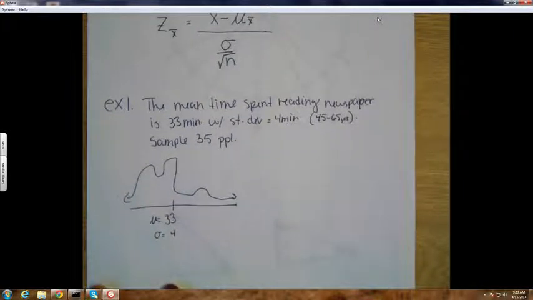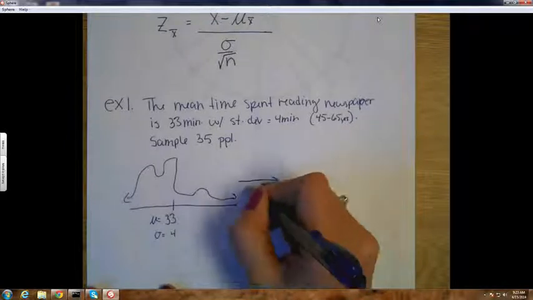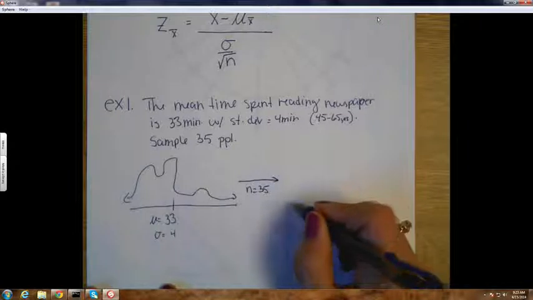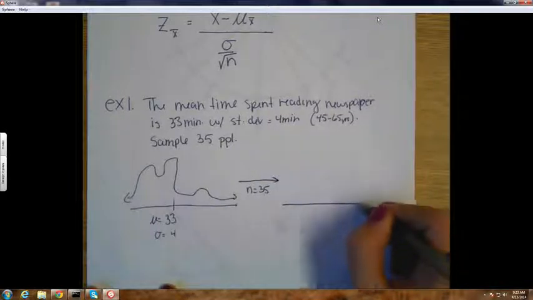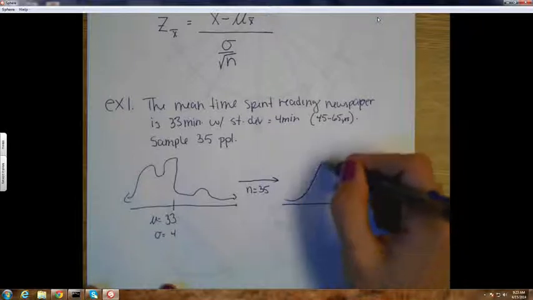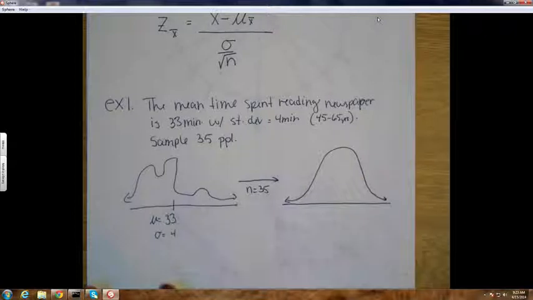I'm going to take a sample of 35. Well, if I repeatedly did that, samples of 35, samples of 35, and then averaged up the time, what happens to the shape of the sampling distribution according to the central limit theorem? It becomes normal. What's the average of this sampling distribution?